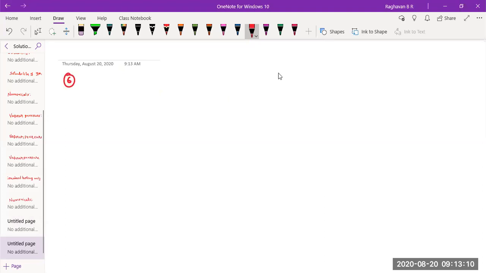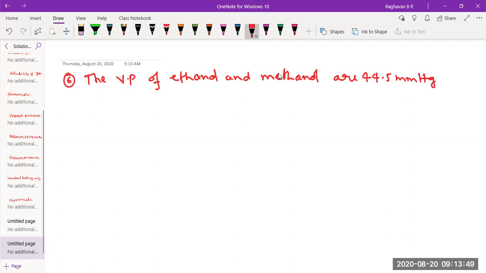Sixth problem, right? The vapor pressure of ethanol and methanol are millimeter mercury and 88.7 millimeter mercury, respectively.